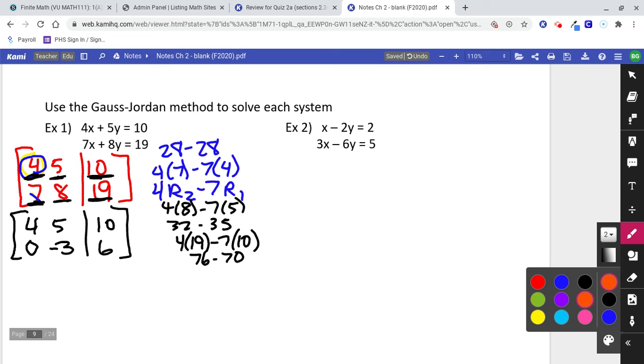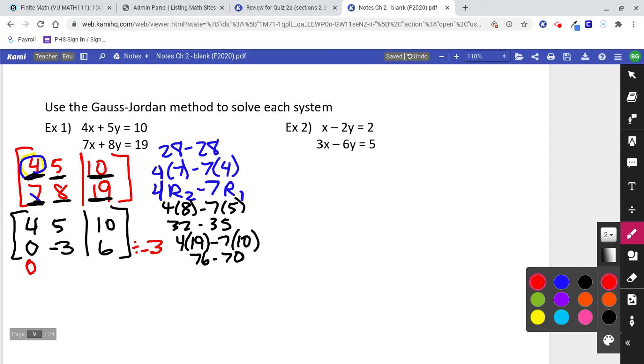All right. So one of the operations that I'm allowed to do, remember, is to multiply a row by a number. We're going to call it division here, but we're multiplying by negative 1/3. But let's think of it as divide by negative 3. Take that second row and divide by negative 3.